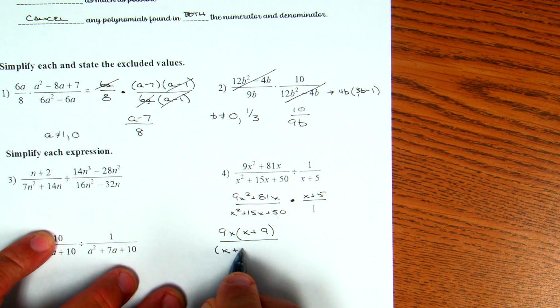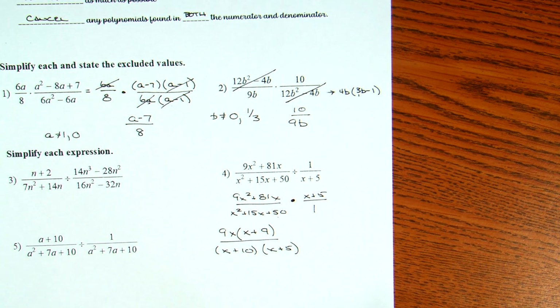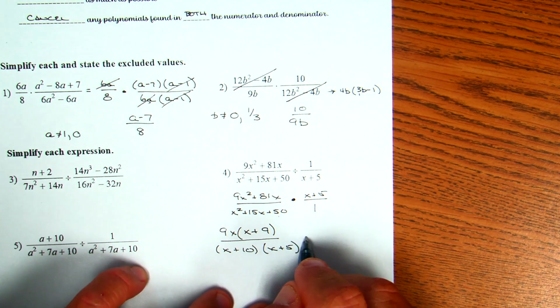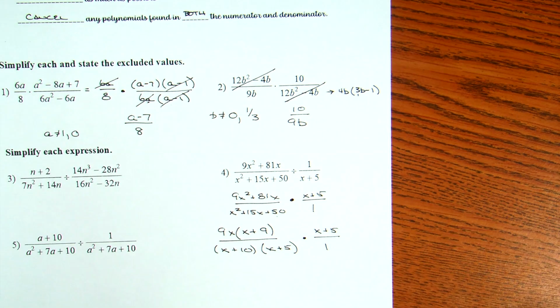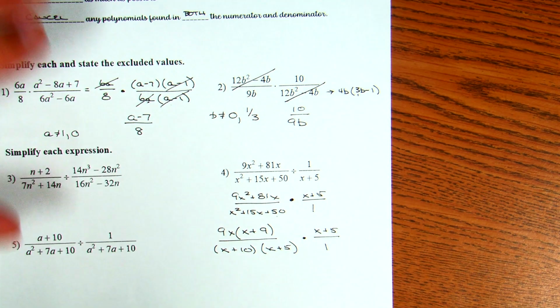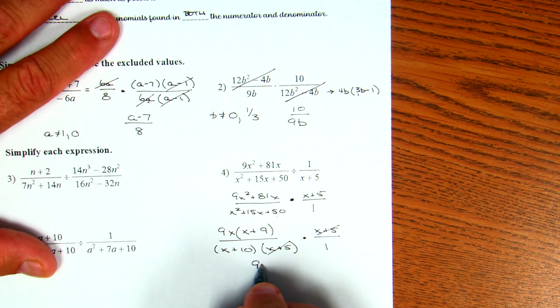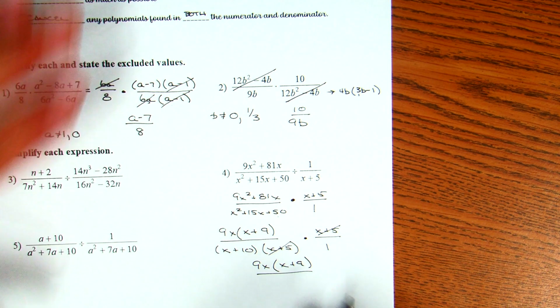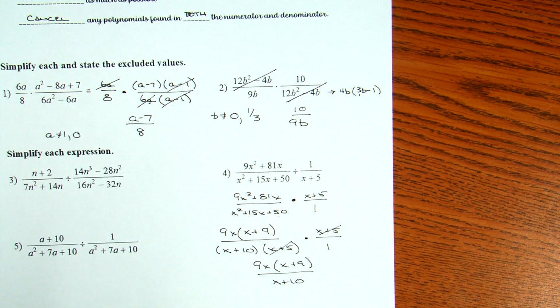That's x plus 10, x plus 5. Times x plus 5 over 1. What are the x plus 5s going to do to each other? Cancel out. Leaving us with our numerator of 9x times x plus 9 over x plus 10.